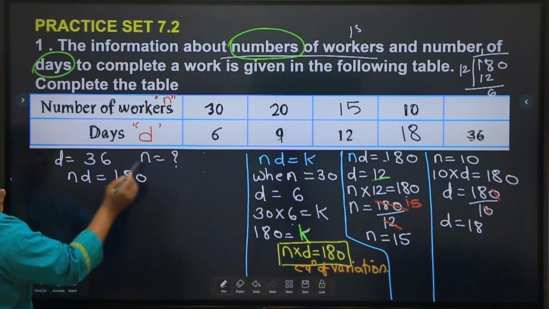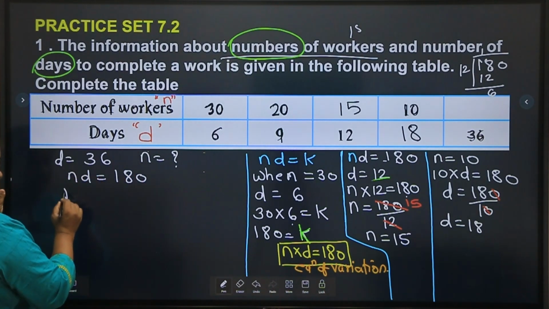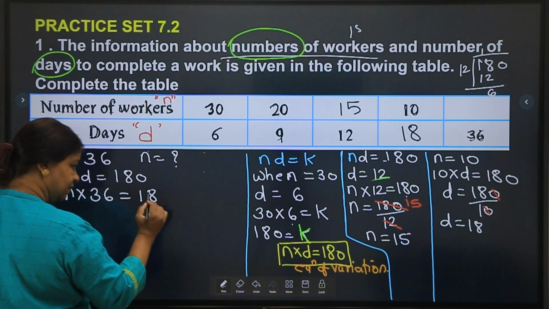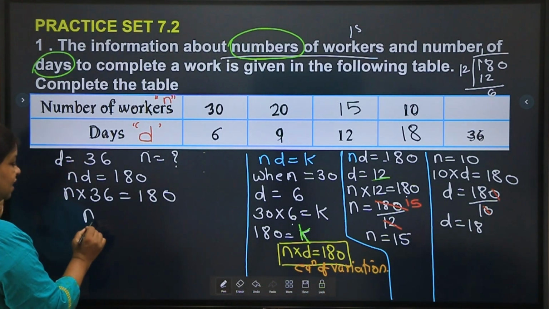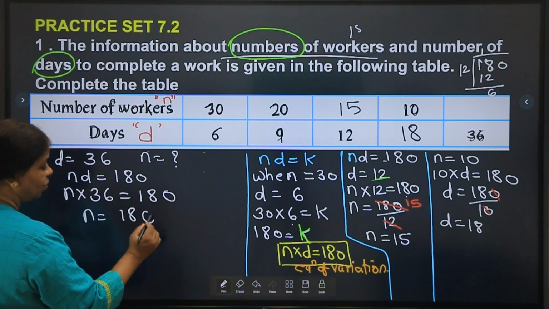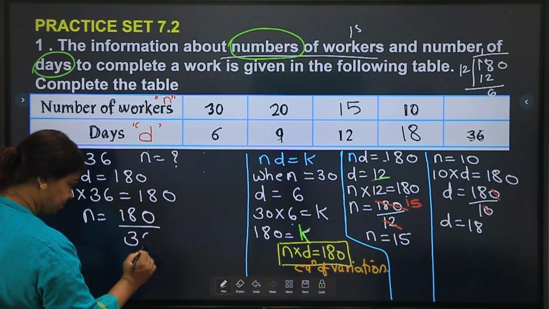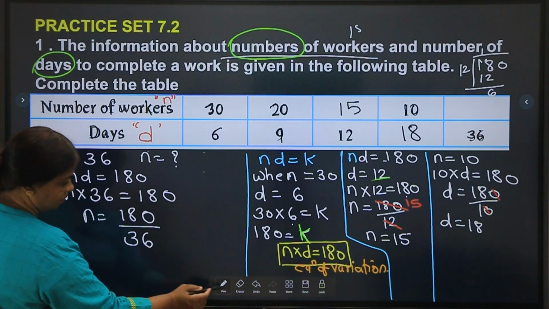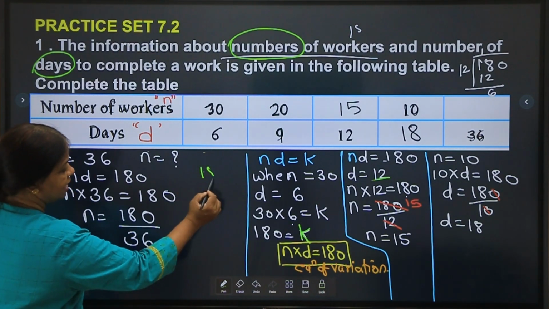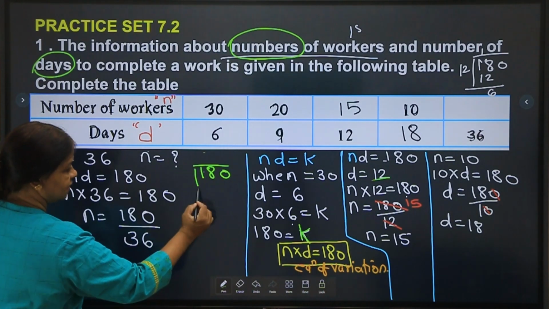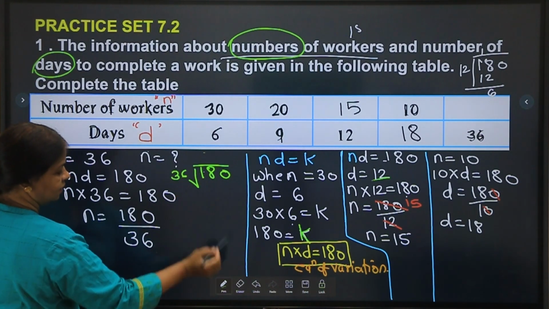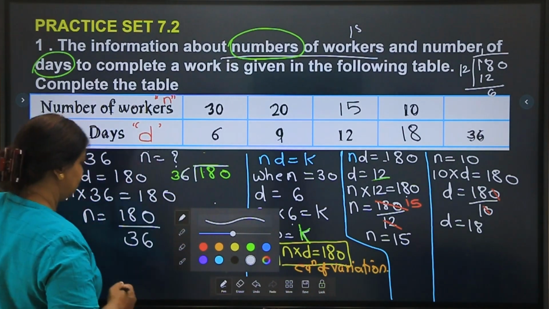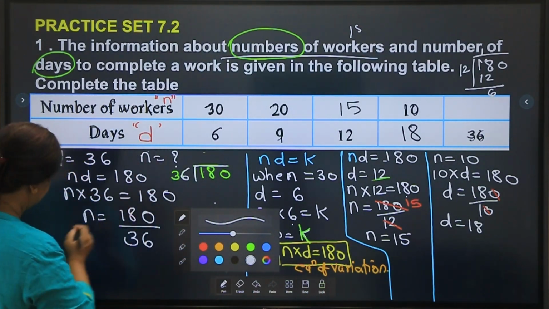Now what is the d value? 36. n into 36 is equal to 180. So n is equal to 180 upon 36. Now divide 180 by 36. 36 how many times will give you 180? Let us see if it is 5 times.